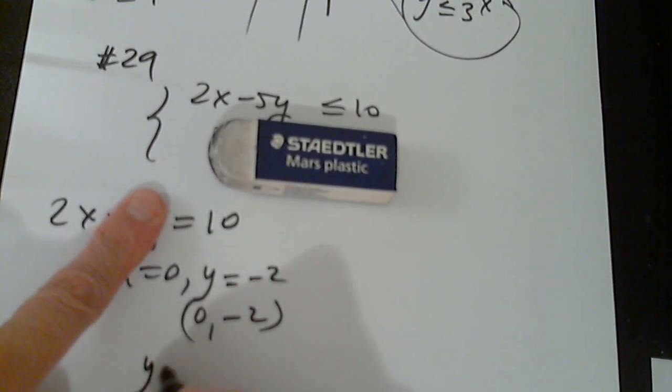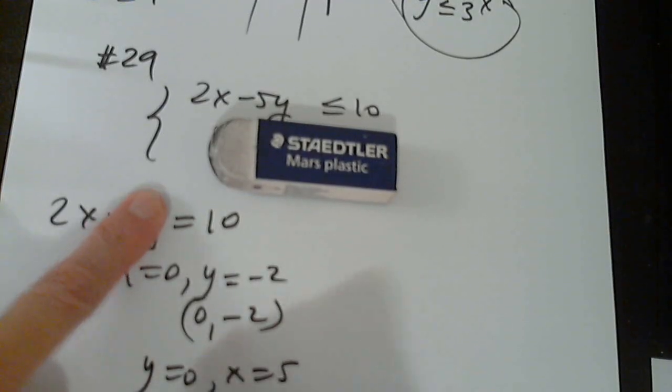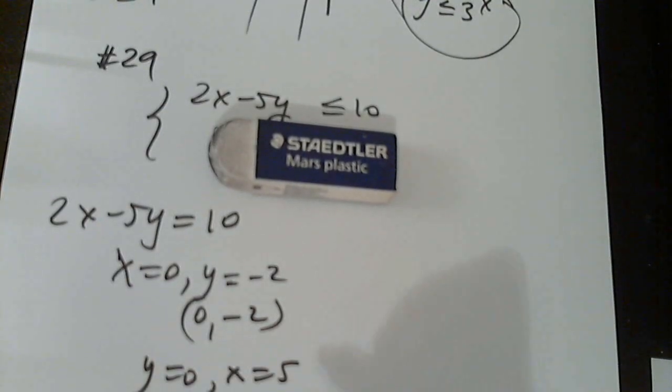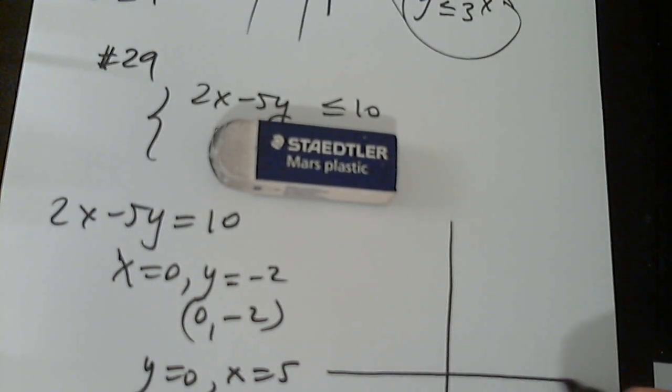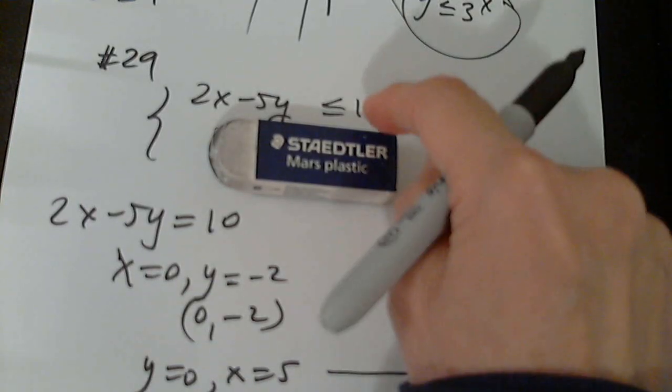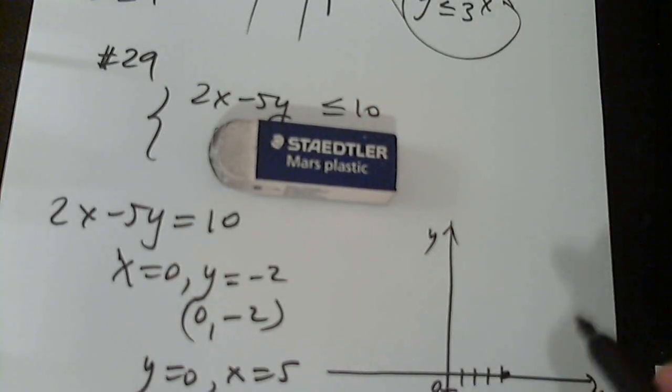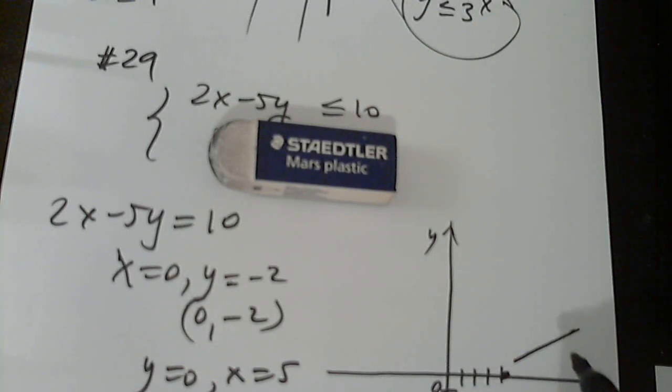When y is 0, x is 5. So (5, 0). I will graph the first equation. (0, negative 2), (5, 0). Solid or not? Solid, because the equal symbol is there. Good. Oops.